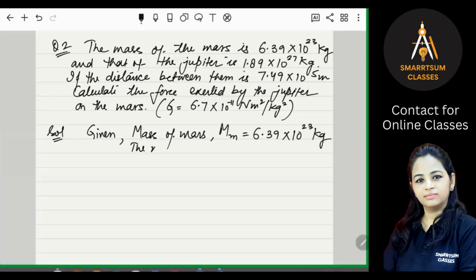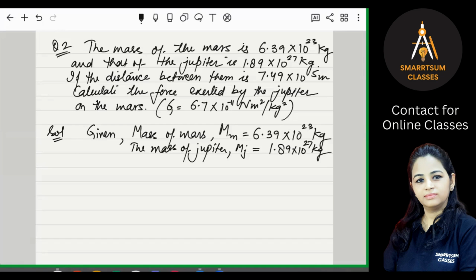Now, the mass of Jupiter is also given. Suppose it is mj and it is 1.89 into 10 to the power 27 kg. These are the masses of the two objects.